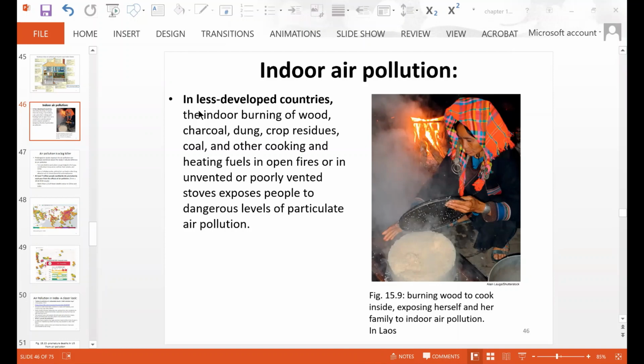So these practices expose people to dangerous levels of particulate air pollution. So these are examples of the indoor air pollution problems in less developed countries. Okay, so mostly it's due to fuels being burned inside.